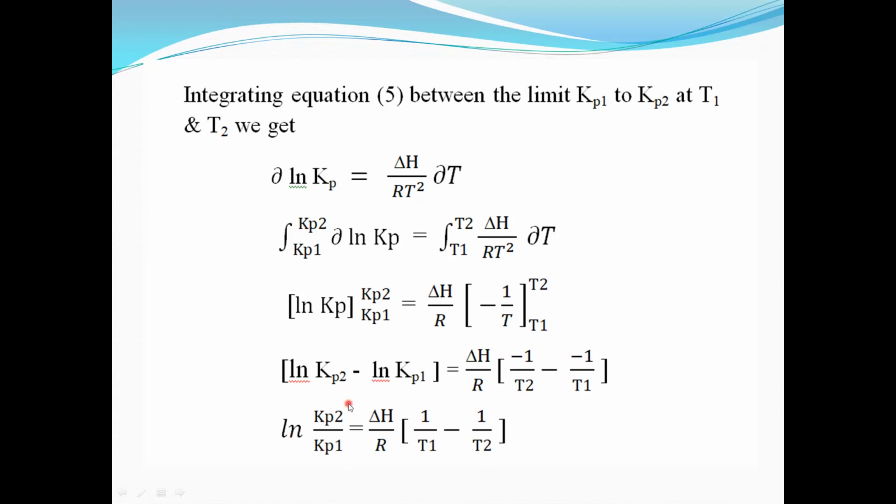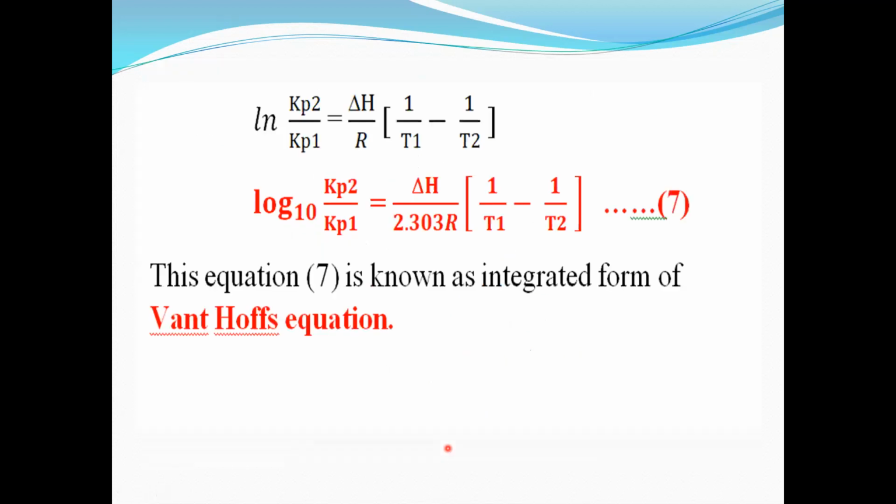So ln kp2 divided by kp1 is equal to delta h upon r in bracket 1 upon t1 minus 1 upon t2. So finally we get ln kp2 divided by kp1 is equal to delta h upon r, 1 upon t1 minus 1 upon t2.